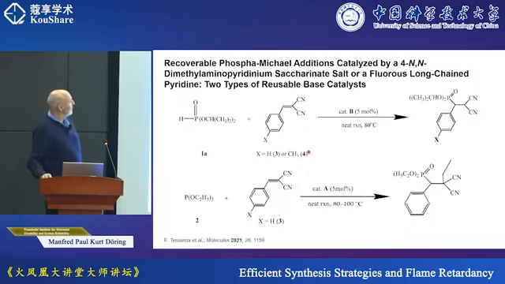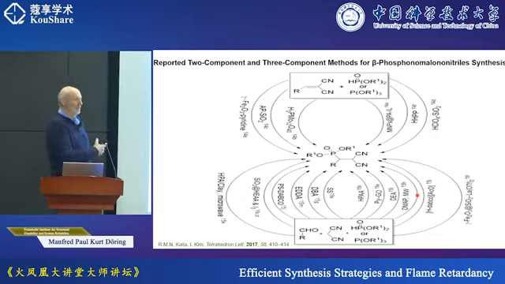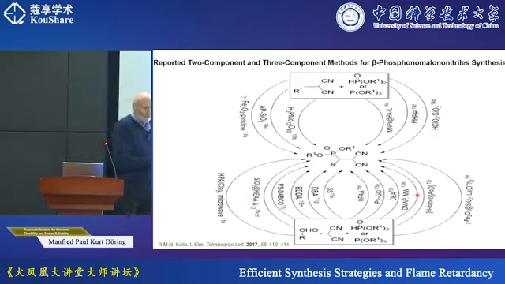Here are some examples. Here this started from a phosphorus unit, and from here the same reaction, and you see very nice products, it always works very well. And you see that really a lot of groups worked in that way.